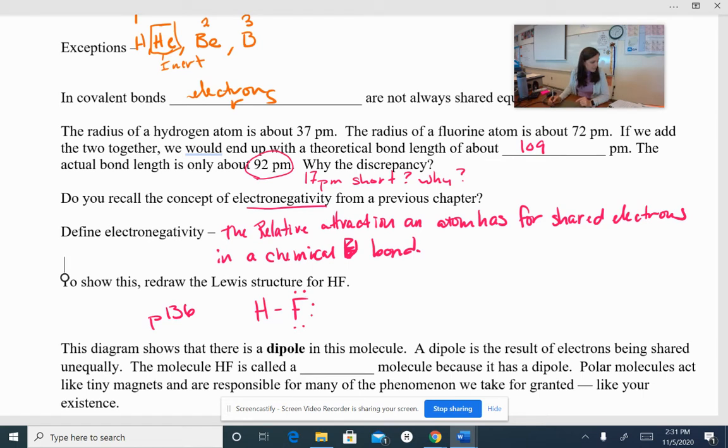If I look up the electronegativities for the different elements in this bond, hydrogen is 2.20 and fluorine is 3.98.